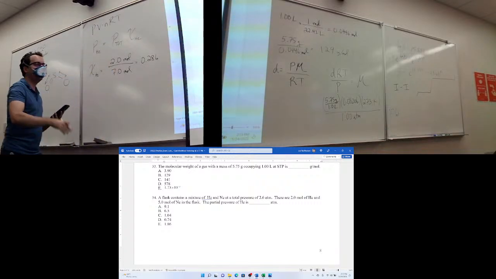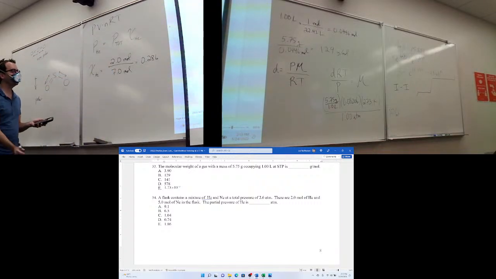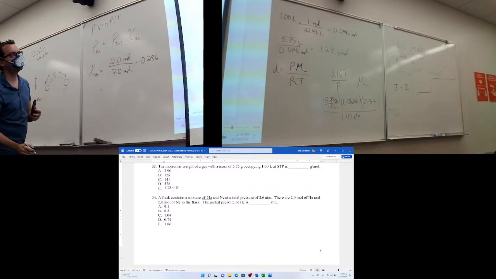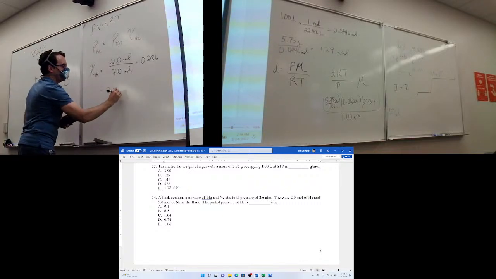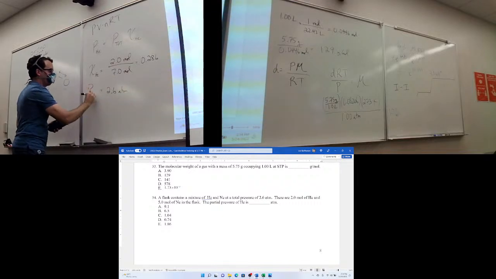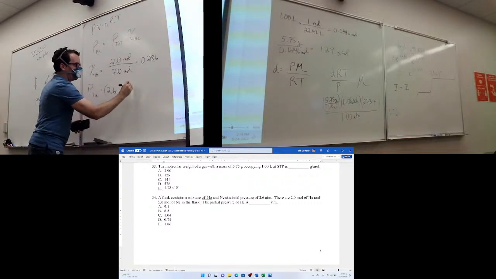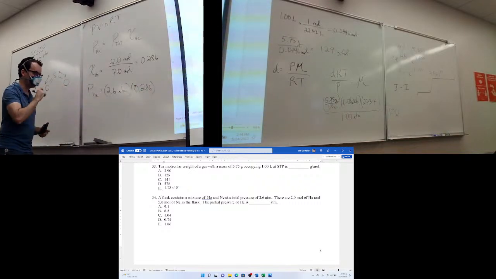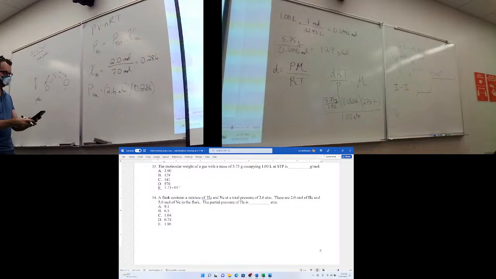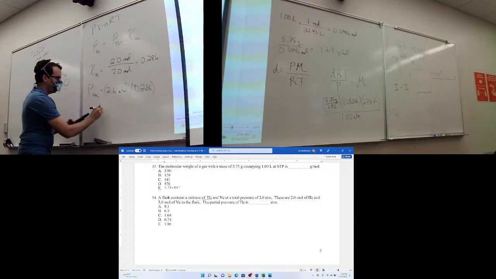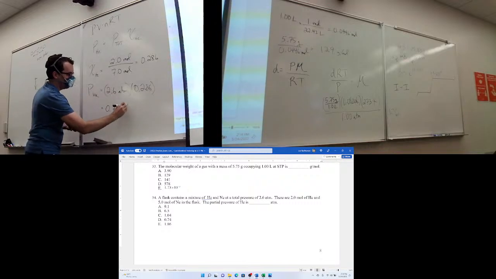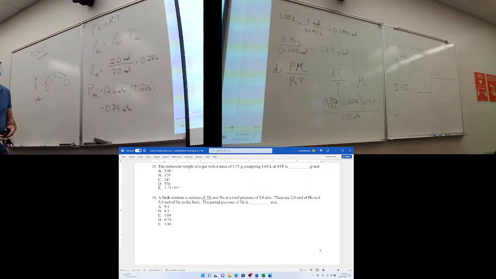You round it. Unitless. Mole fraction is unitless because the moles cancel. So total pressure, 2.6 atmospheres, times the mole fraction of helium, 0.286 times 2.6 is 0.74 atmospheres. There it is.